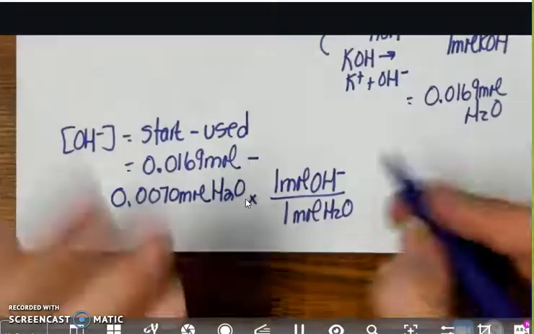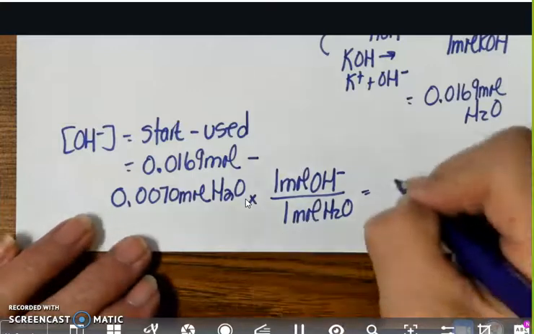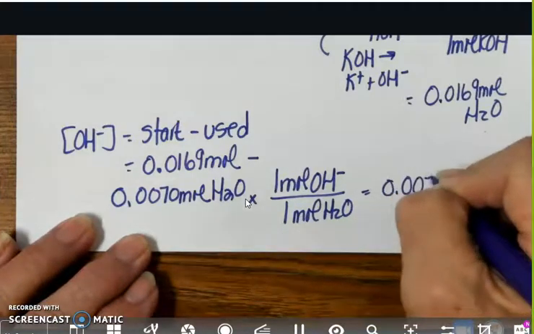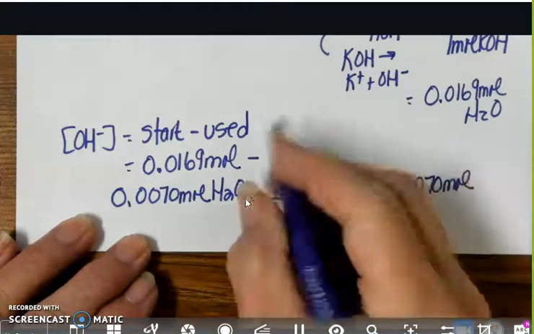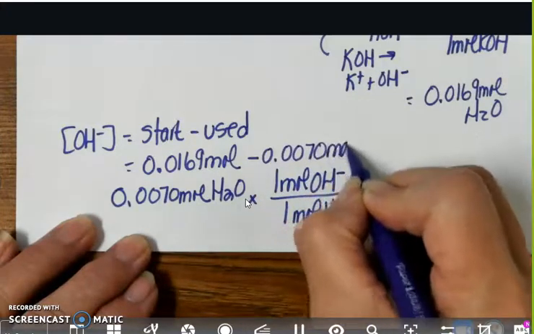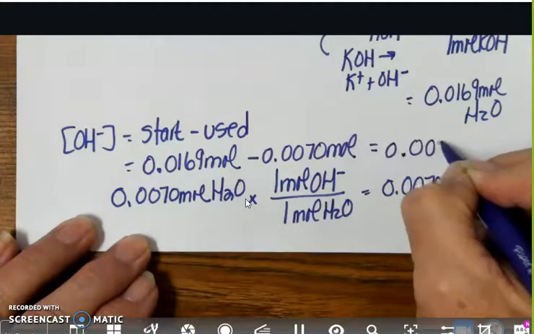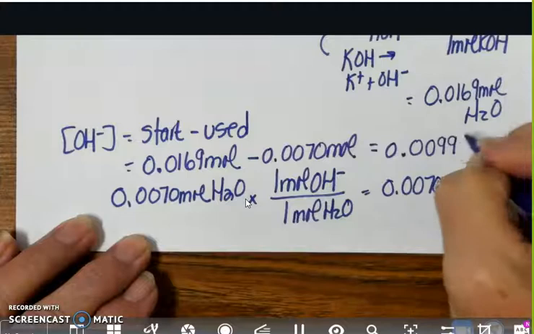So that tells me how much OH is in here. And that turns out to be 0.0070 mole. So I pull that up here. And that gives me 0.0099 mole.